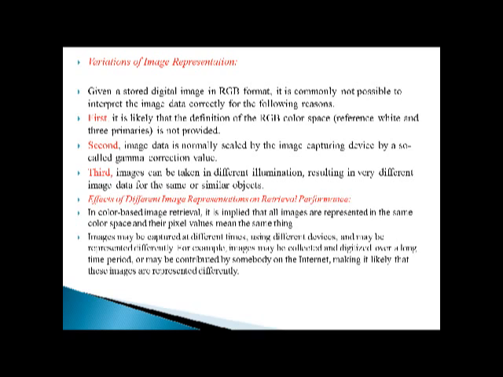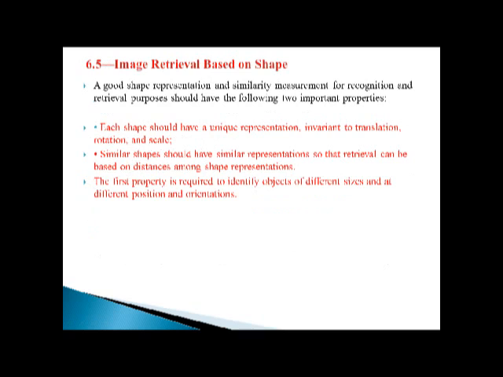If it is not provided, we have to check the clarity of these RGB colors. Second is image data. It is normally scaled with the image capturing device, which can be called the gamma function value, that is the error correction. Third is that images can be taken under different illumination.